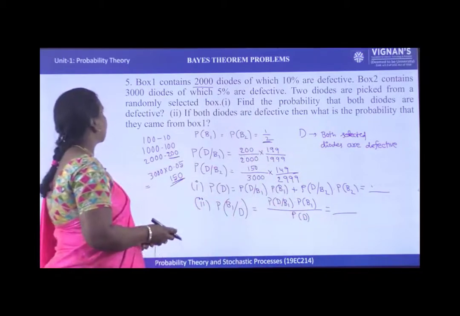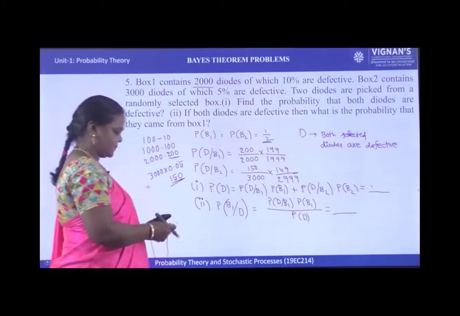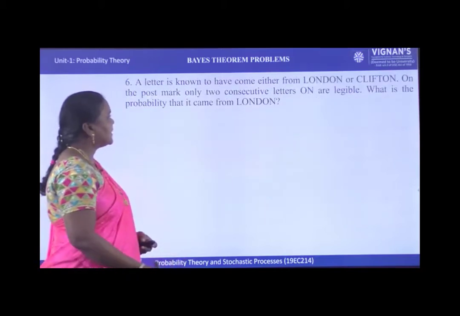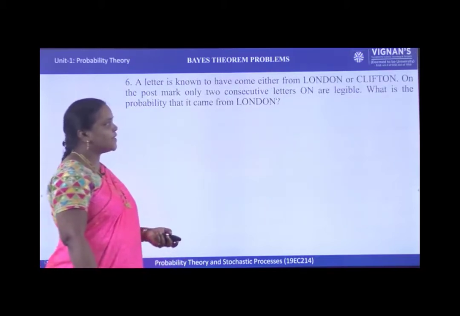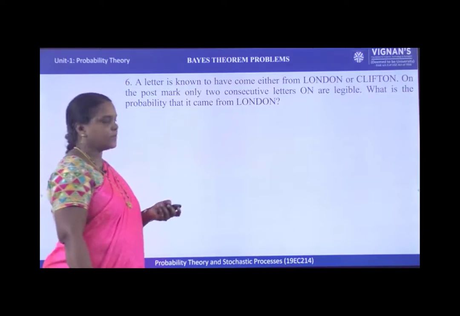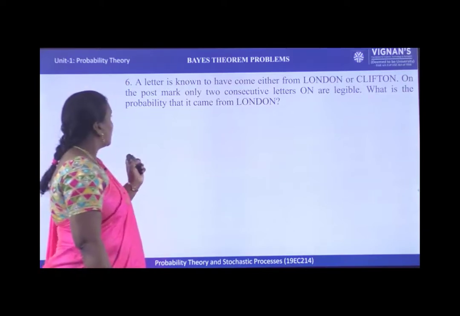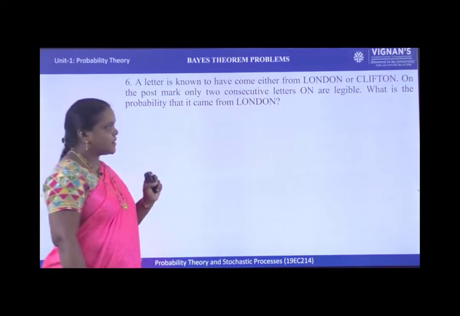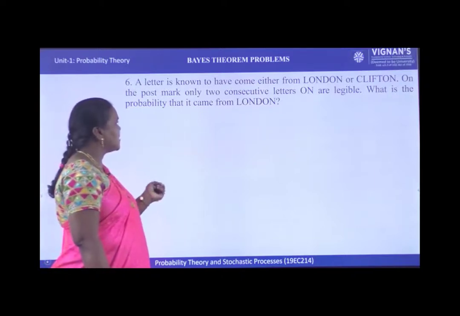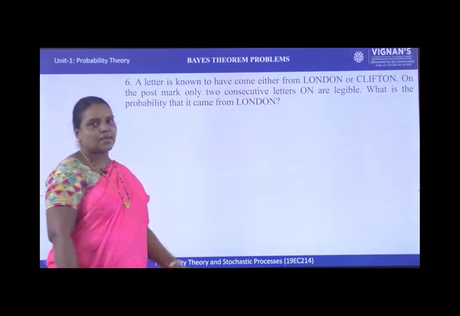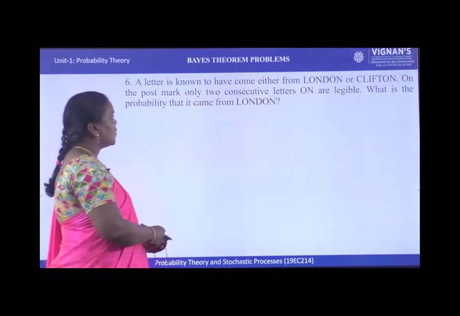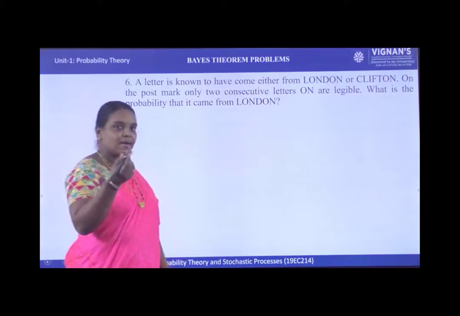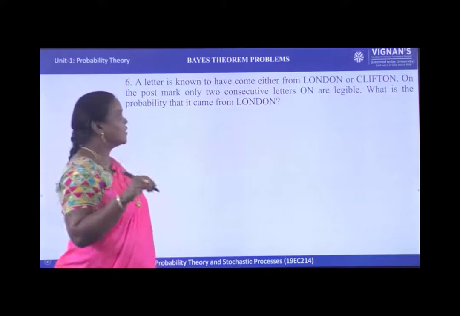Okay, now let us see the next problem. A letter is known to have come either from London or Clifton. On the postmark, only 2 consecutive letters ON are legible. What is the probability that it came from London? Here, how many events are there? The letter can come from either London or Clifton.